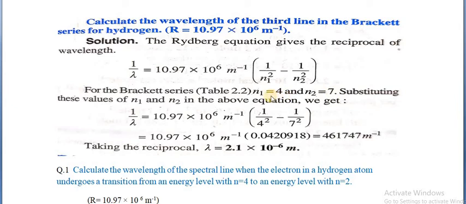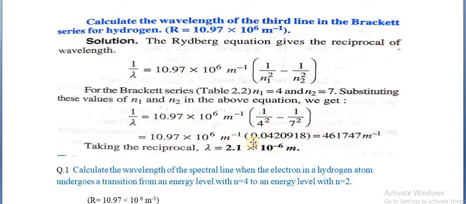Now we have got the values for n1 and n2 from table 2.2 for the third line in the Brackett series. Substituting these values in the above equation, we simplify 1/4² and 1/7².